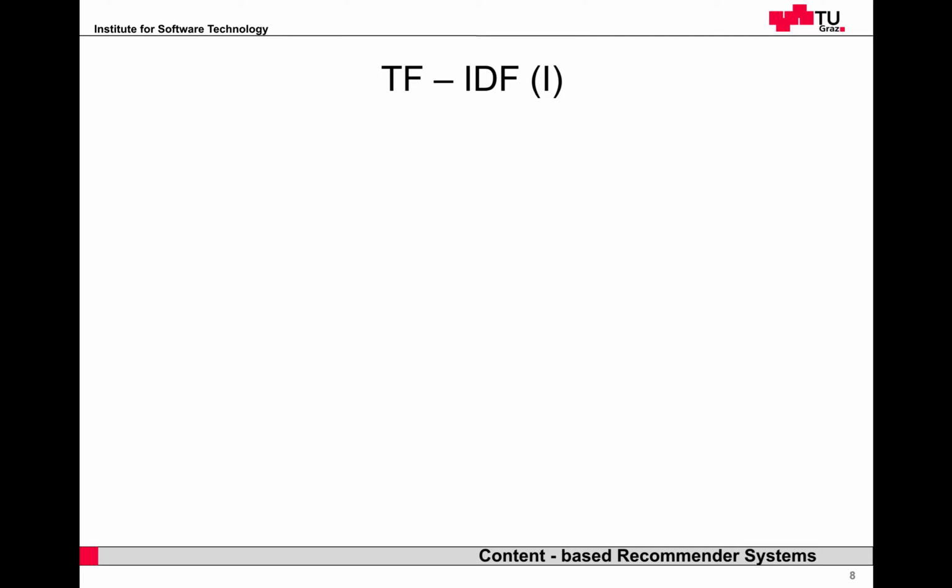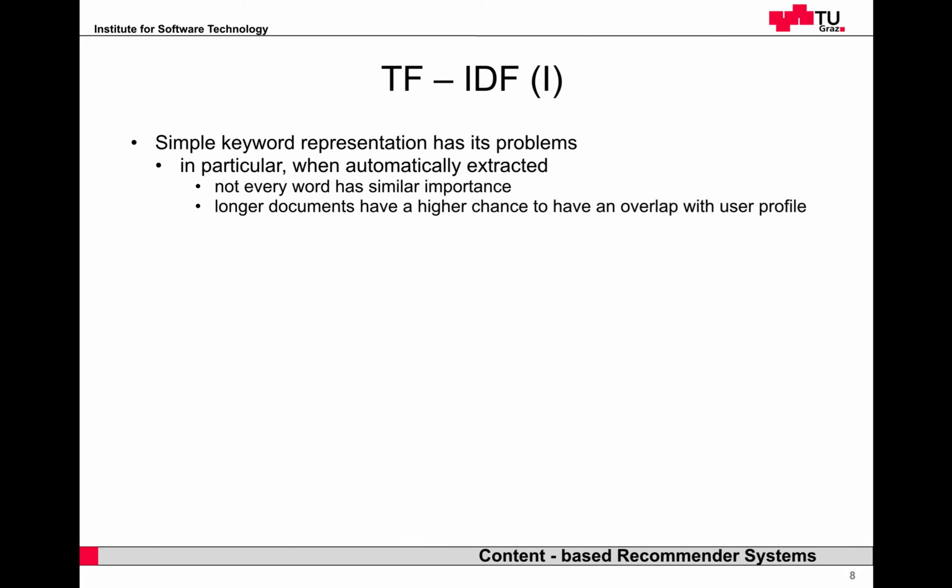Next, we will discuss another method to model items. It is called the vector space model, which extracts keywords from the item description and calculates the weight, or the importance, of keywords using the TF-IDF weight. Before going into detail of this approach, we need to know why we use it.